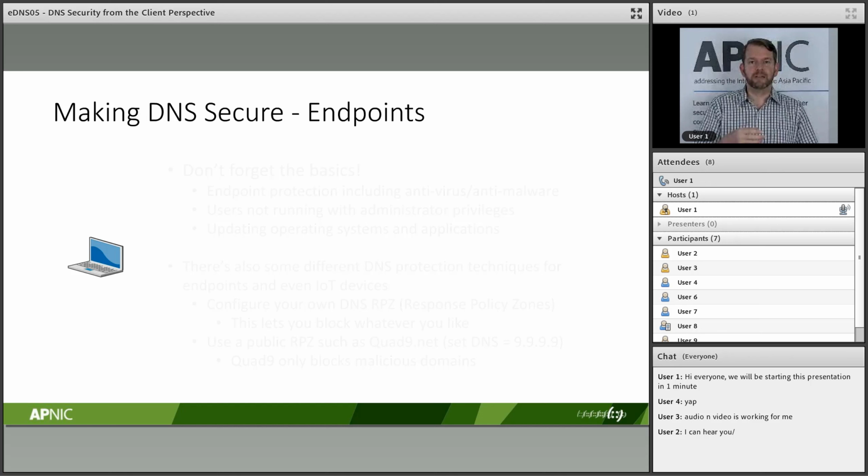That will mean that if you're using something like Quad9 or an RPZ server, your smart TV with malicious software installed will not be able to do the DNS request, will not get the response, and therefore not connect to the command and control server to join a DDoS botnet. So you can see how this DNS RPZ is quite useful for end user devices as well. That said, it is still best if you can get software updates to apply the updates and the patches, as that's the definitive way to close off known vulnerabilities.